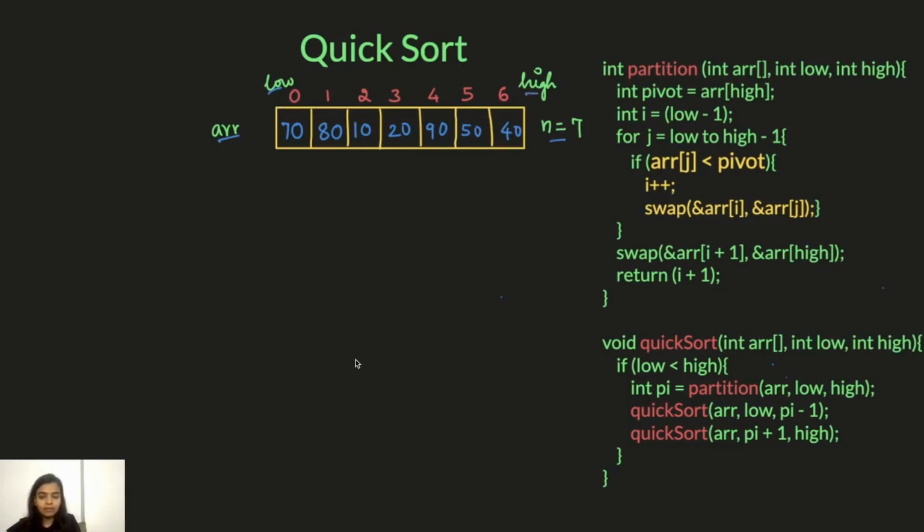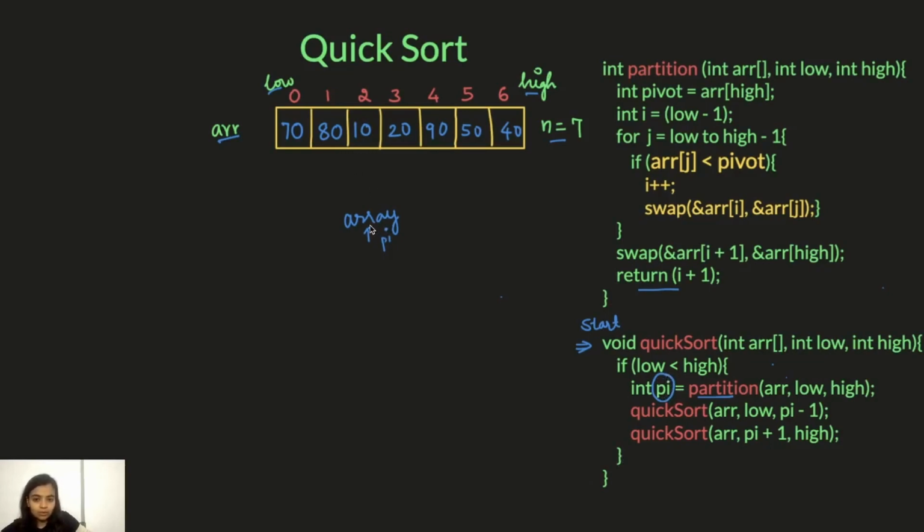I will tell you how quicksort works overall now. So here we have this array. What we do is we assign a pivot element to this array. In this algorithm we start over here. If low is less than high, we call the partition function, which will return us an index, and that index will be the pivot element.